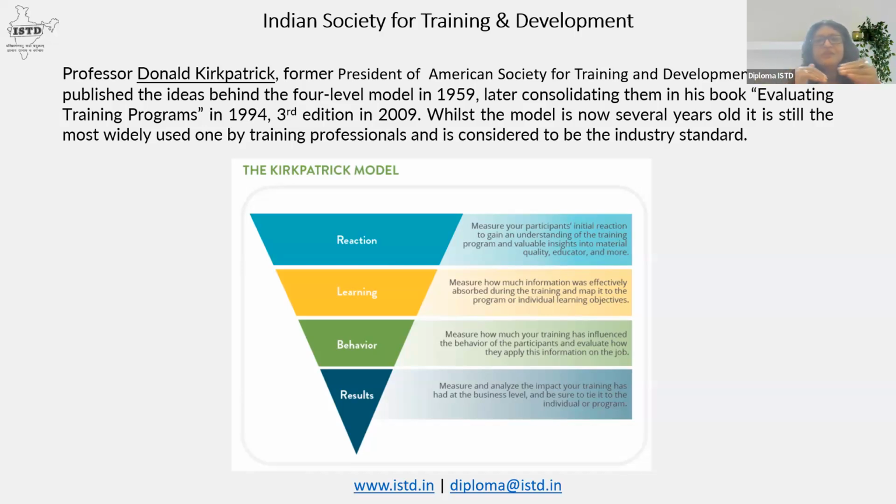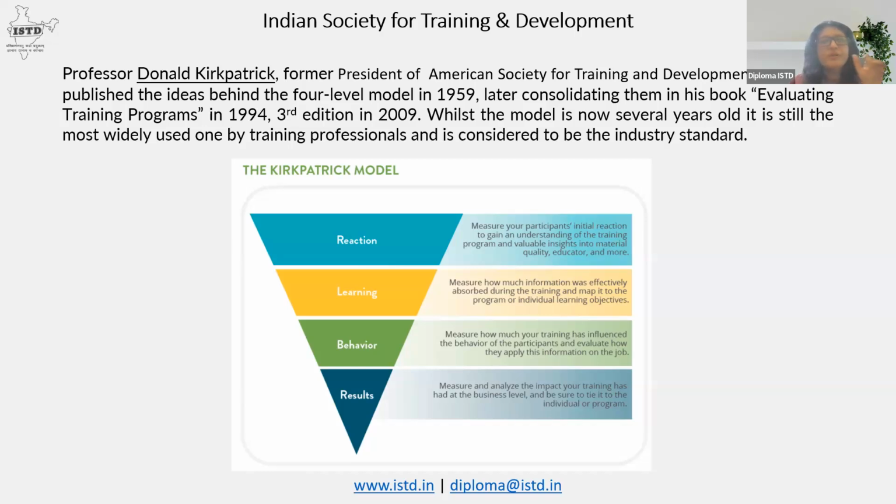It clearly means that most organizations are doing this reaction level data collection. This level measures your participants' initial reaction to gain an understanding of the training program and valuable insights into material, quality, educator, facility, and so on.